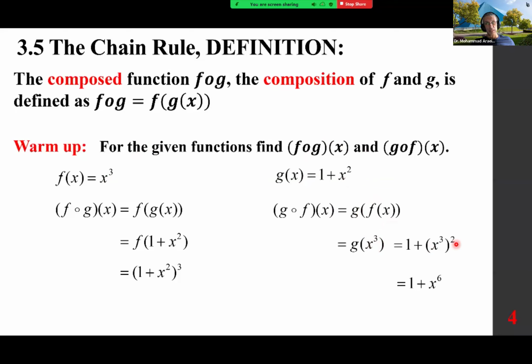As you can see, f of g in general is not equal to g of f. The composite functions of the two are different.